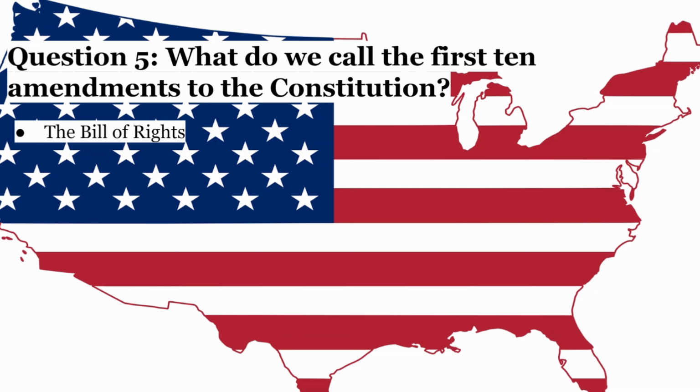These first 10 amendments were ratified in the beginning of the Constitution, as a sort of compromise, because some people wanted to ensure that citizens have rights in case the government goes bad, in case the government goes tyrant. The Bill of Rights was ensured so that the people have a certain list of rights. And these are the first 10 amendments to the Constitution, and they are called the Bill of Rights.